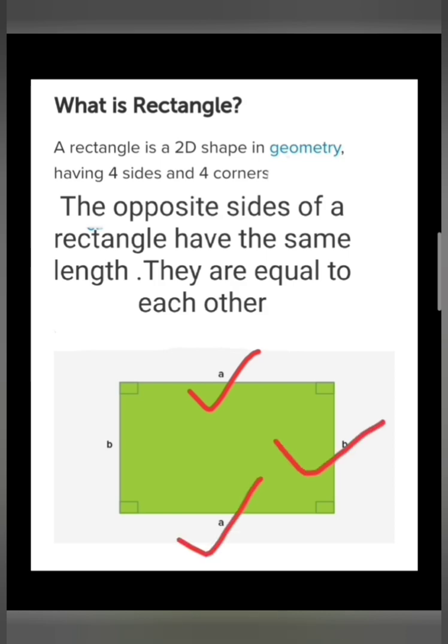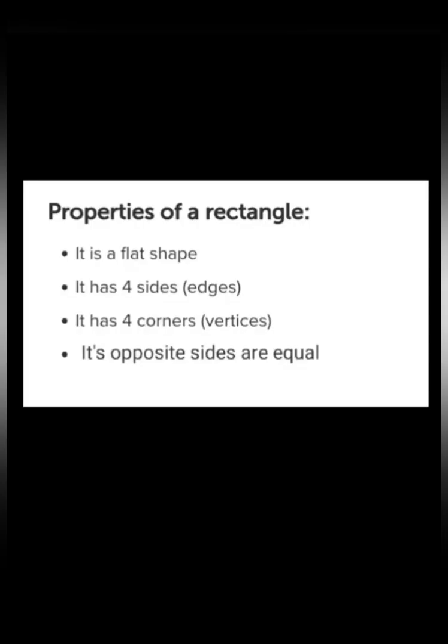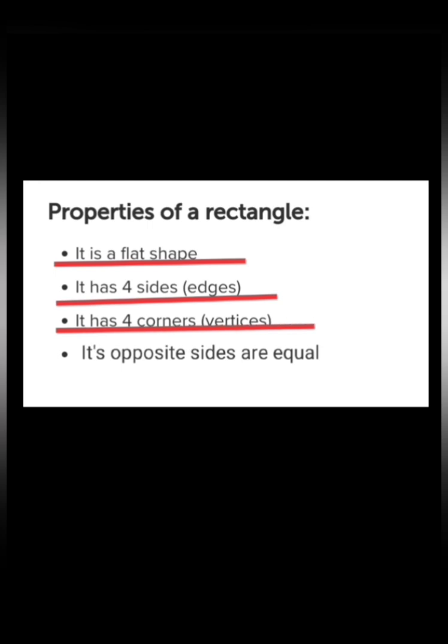It has 2 long and 2 short sides. These are the properties of rectangle. It is a flat shape. It has 4 sides. It has 4 corners. Corners are also called as vertices, and its opposite sides are equal.